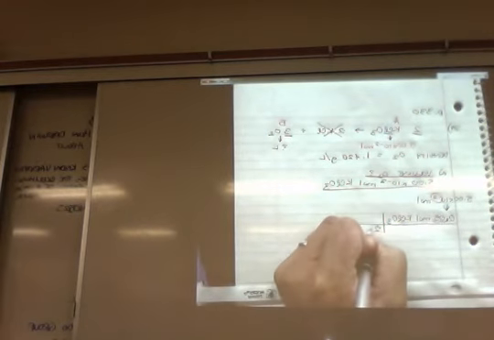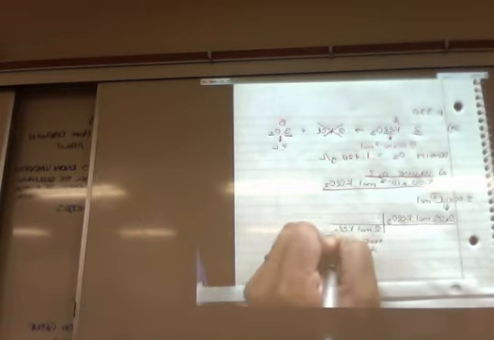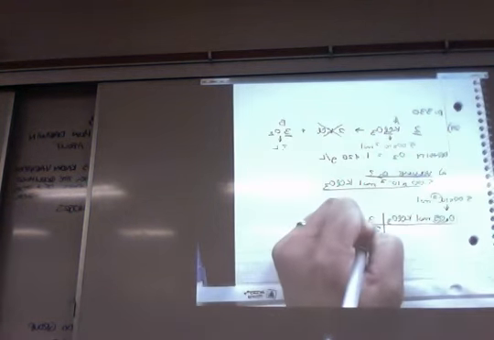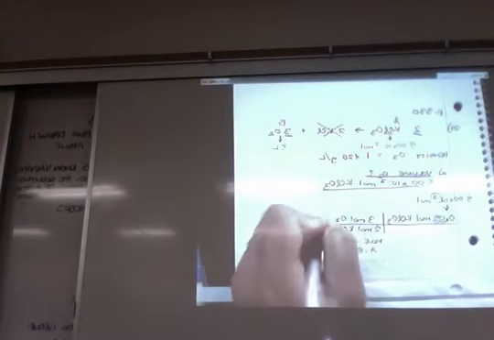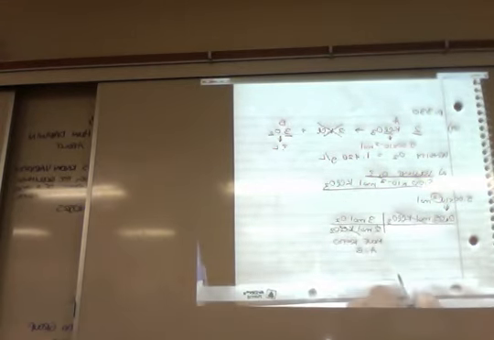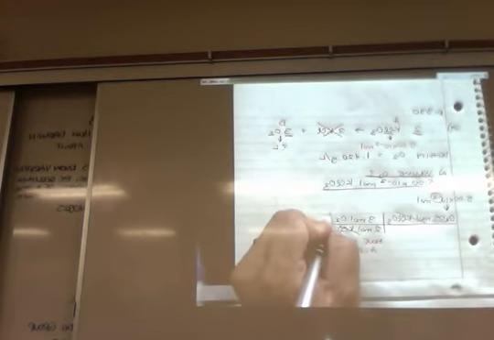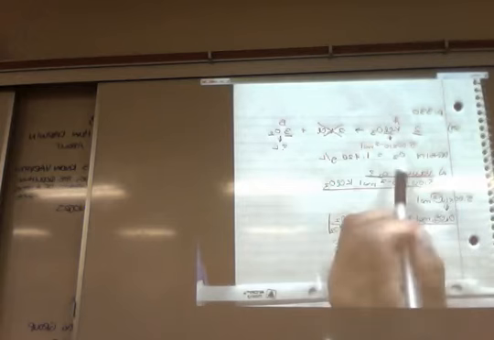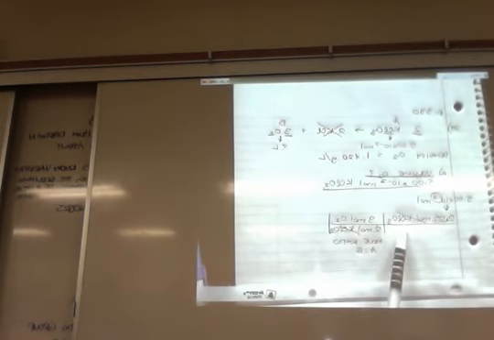I have 2 moles of KClO3, that's where this came from, for every 3 moles of oxygen gas. I set it up that way so that moles of A cancel out moles of A on the bottom. If I stop the calculation here, I've converted from moles of A into moles of B, because I've canceled out moles of KClO3.